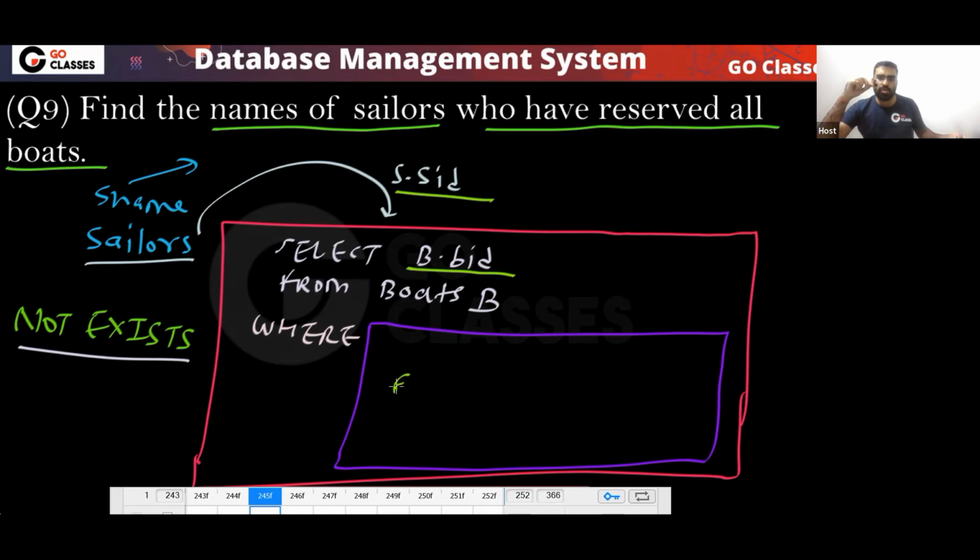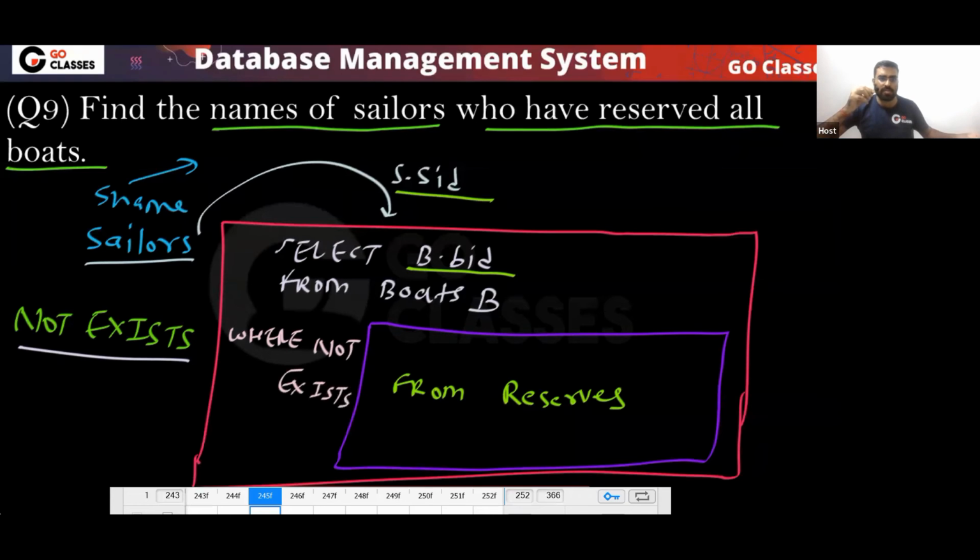So you will send them to the reserve table where not exists. You will send them to the reserve table, and this record should not exist. Yes or no? This record should not exist. So I can say not exists this type of record.